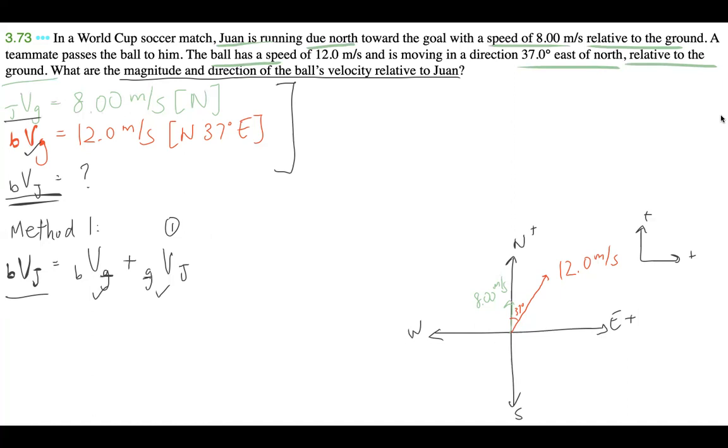Okay, so with this question, okay, problem. We said GVJ, but we don't have that. We don't have this. But what we do have is JVG, right?